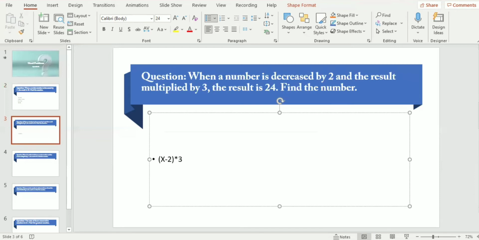As this is multiplying after the subtraction process, we have written it like that. And the final result is equivalent to 24.